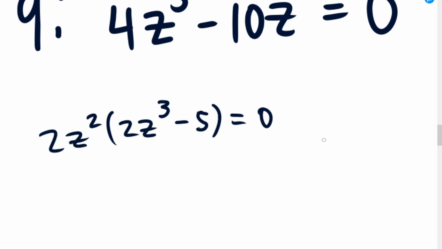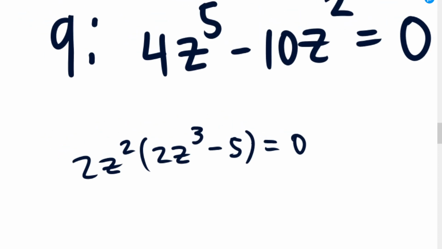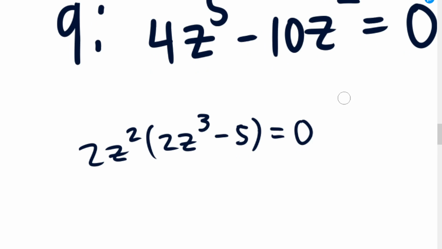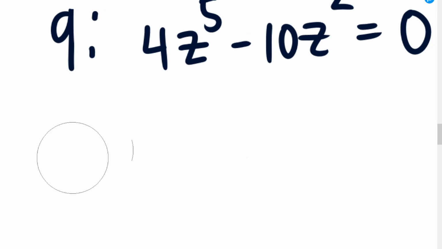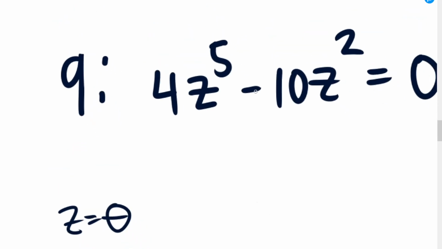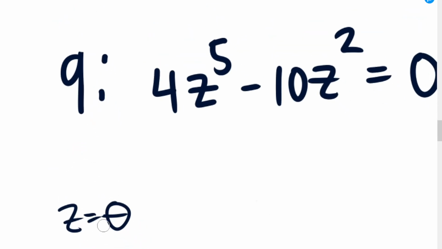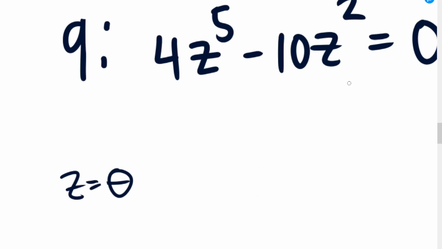No. I know that there are going to be some zeros where z equals 0, because if z is equal to 0, then the whole thing turns 0. However, here's a little trick for the future. When you have an equation that looks like this, where it's not 2, you can assume that you will have 5 different answers. Technically, the 0 counts for at least 2 zeros. So plus or minus, but that's technically not applicable.